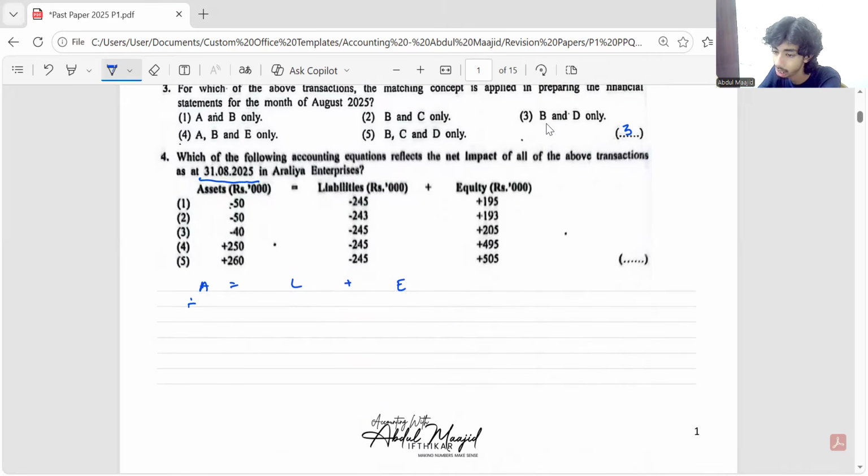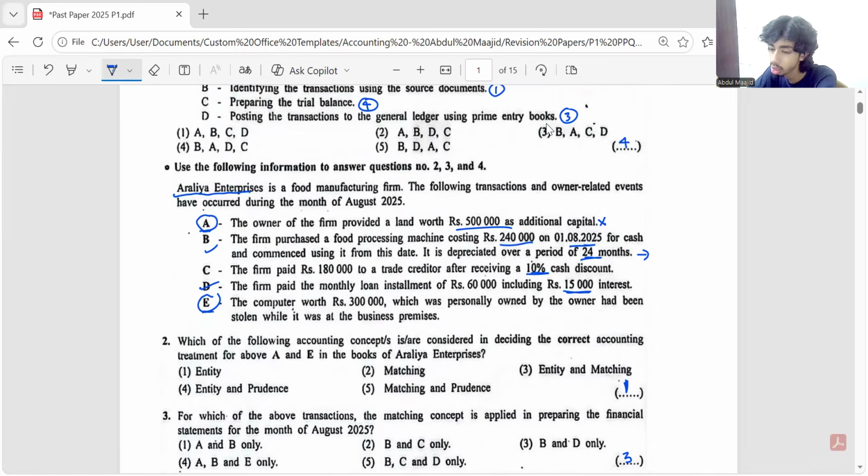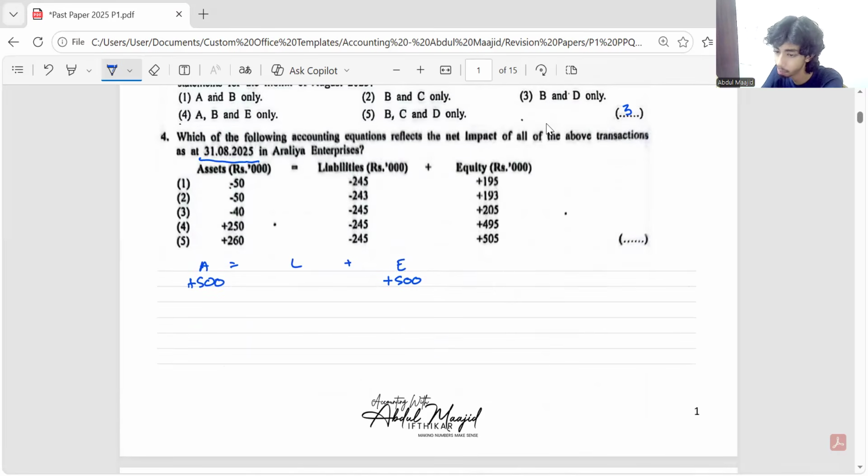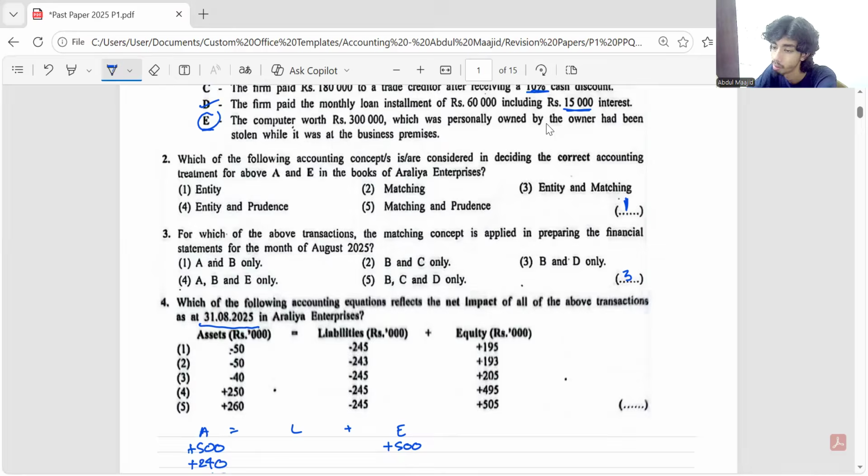So asset plus 500 land, equity additional capital plus 500. The firm purchased the food processing machine costing 240 on cash and commenced using it from this date. So office equipment plus 240 under asset. Since you're buying it on cash, again under asset minus 240 cash.